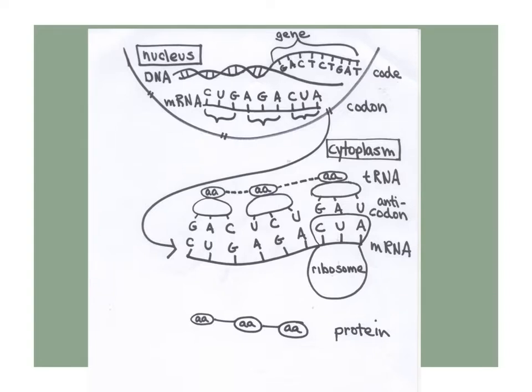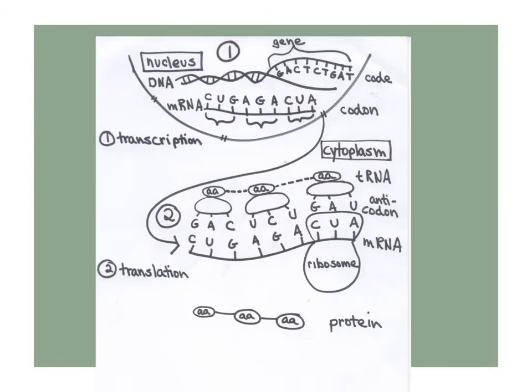And our final drawing here, here we have the amino acids together, and that's what we're calling a protein. And then finally, just remember that the first step that takes place inside the nucleus is going to be transcription. Translation takes place out in the cytoplasm.